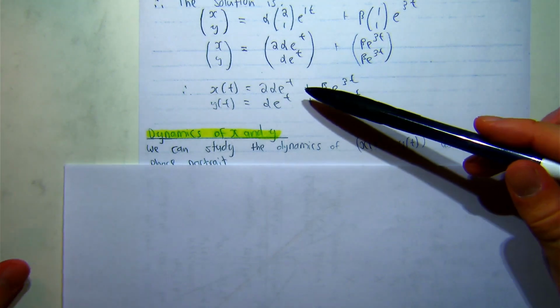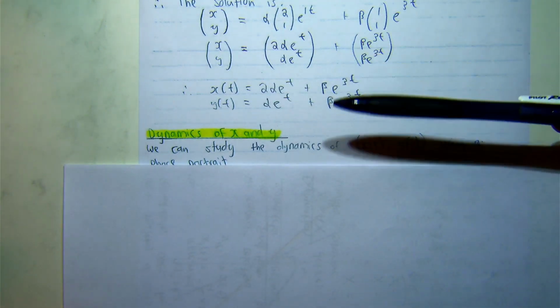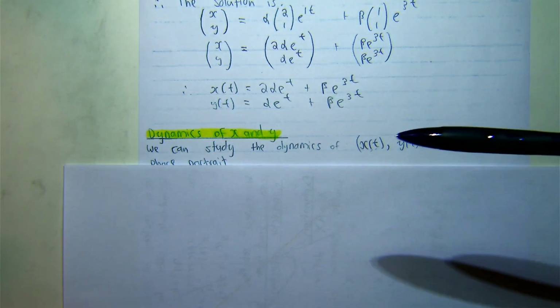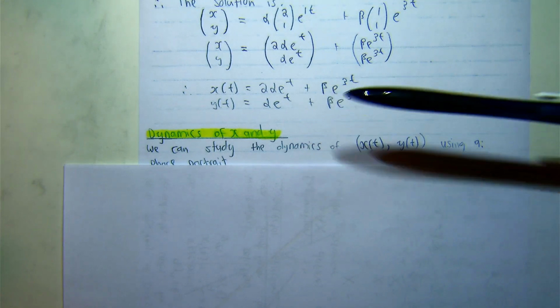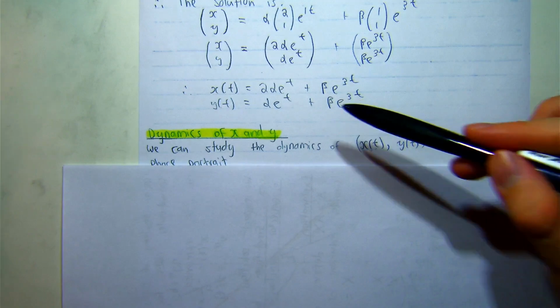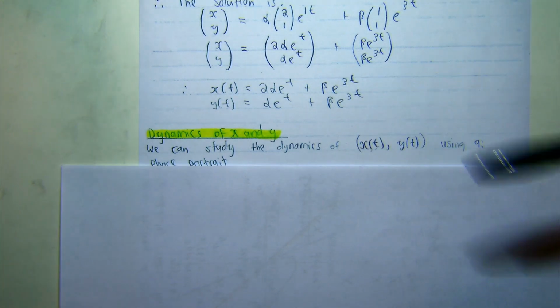So when time is equal to 0, you've got X of t is equal to 2 alpha plus beta, and Y of t is equal to alpha plus beta. And these alpha and beta are determinants of what your starting conditions are for X and Y. And you can then say, okay, if I started with X is 100 and Y is 200, what would happen over time if they are behaving in this manner?